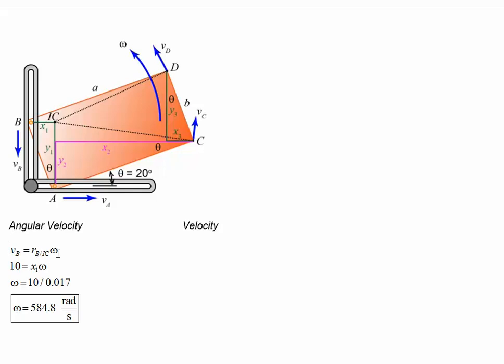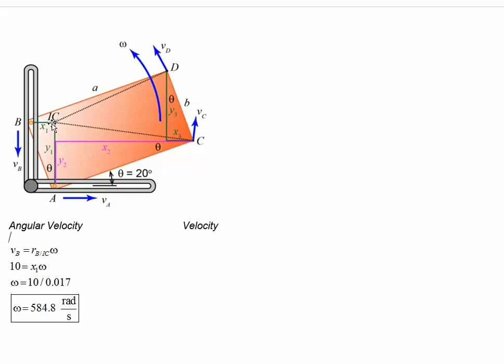So V equals r omega, the simple fixed axis rotation equation. We know the distance because we figured that out with the geometry. We know the velocity, or the speed, of point B, and we can find the angular velocity. Now that we know the angular velocity, we can find the velocities of point C and D.